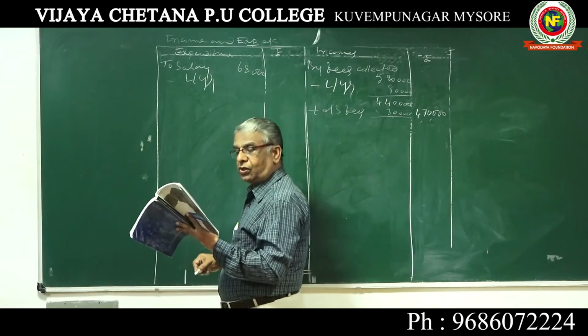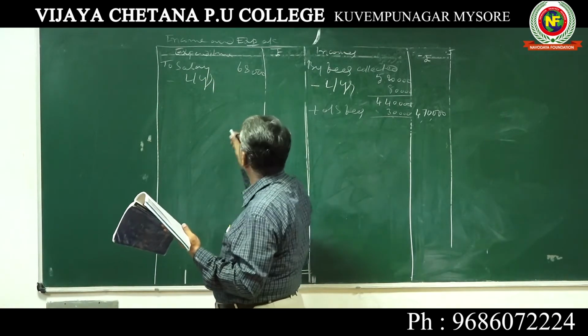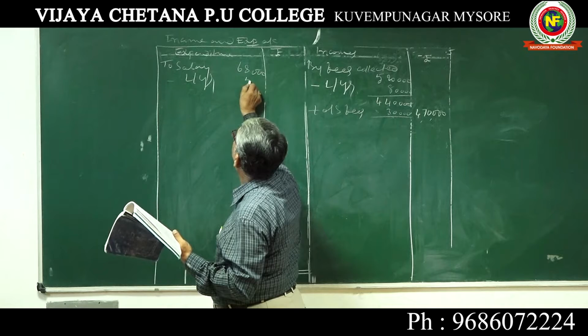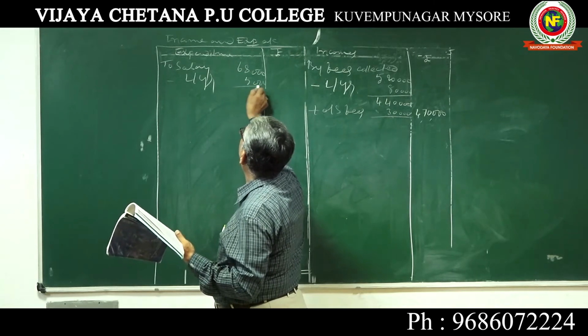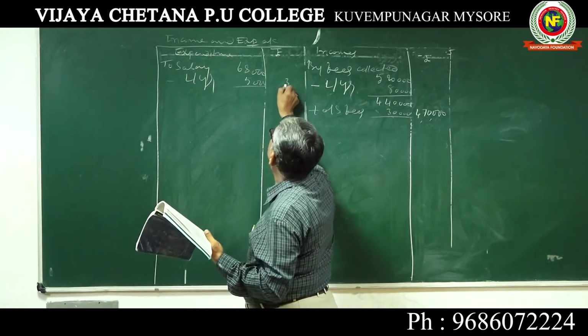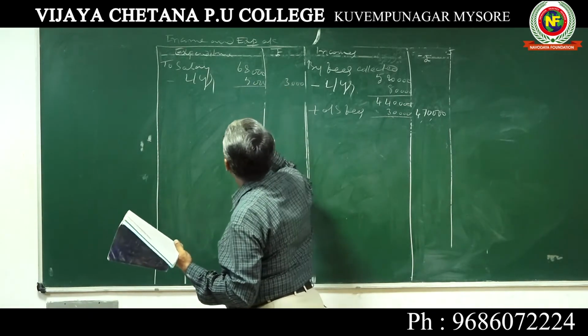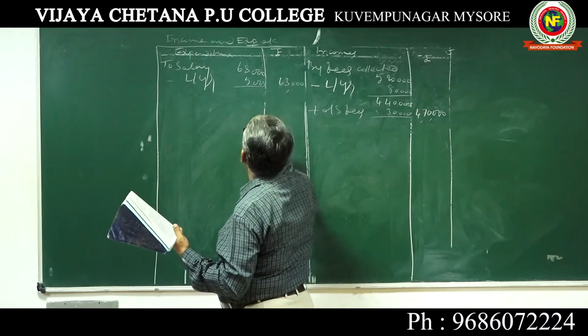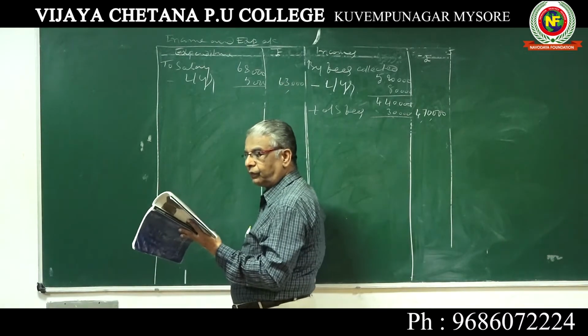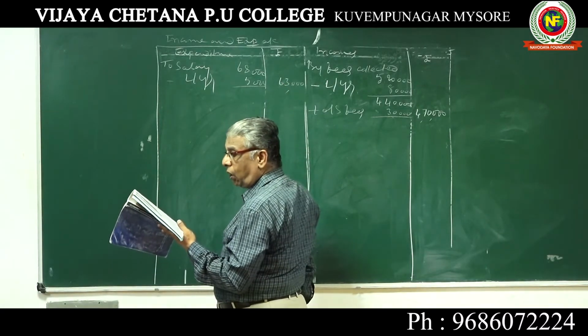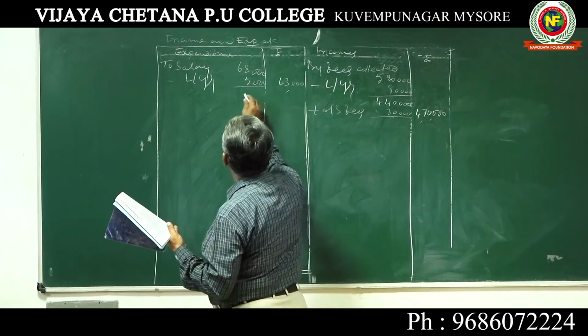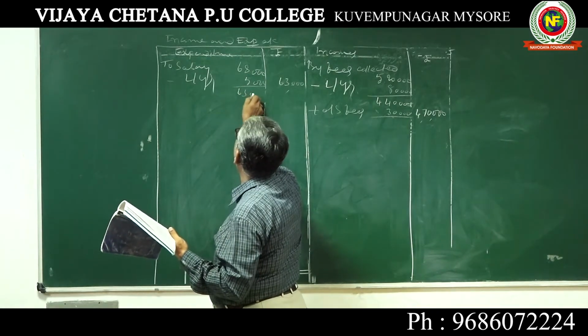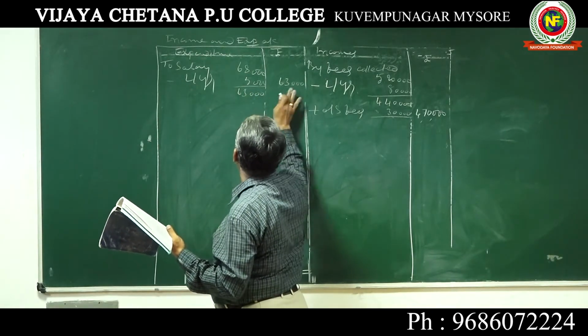We don't want the last year salary. So we have to deduct, that is 63,000. Salary outstanding at the end of the year. We put 63,000 in the inner column.